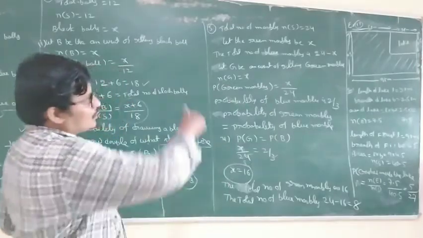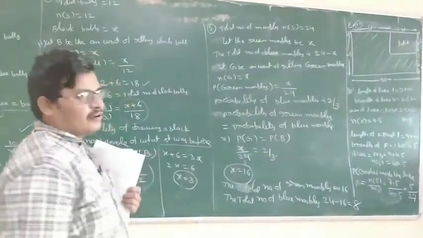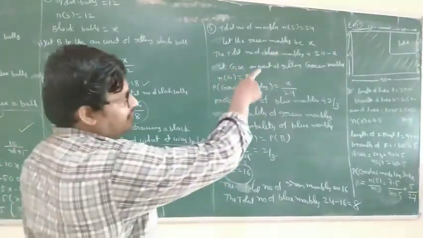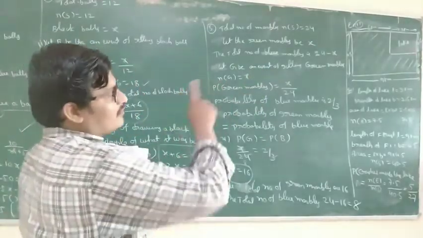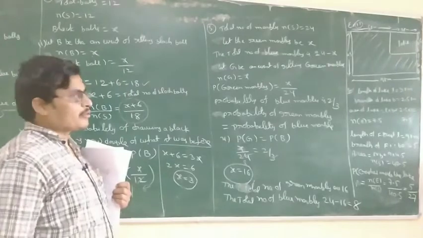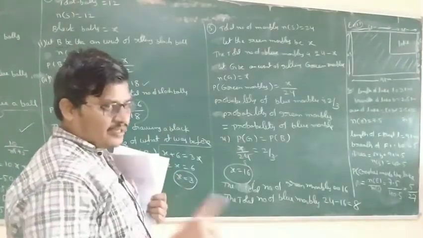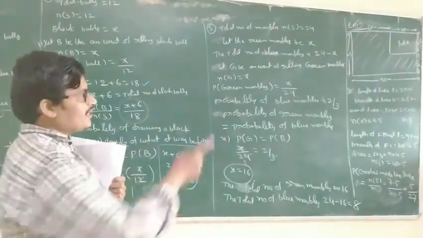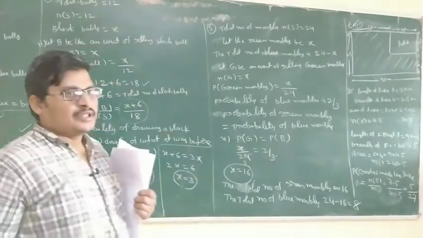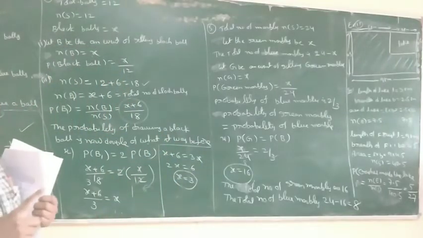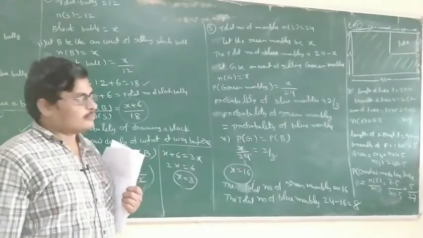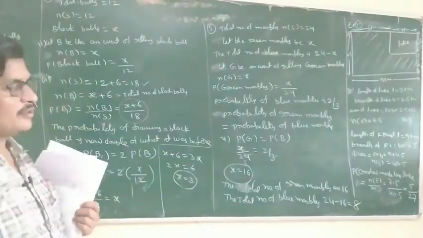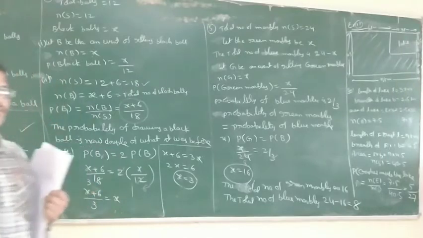Okay, the total is the rectangle forest, and the remaining small one is the lake. The probability is the area of lake by the area of forest. This type was already in exercise 14.1 20th problem and example 11, both are the same method, same model.